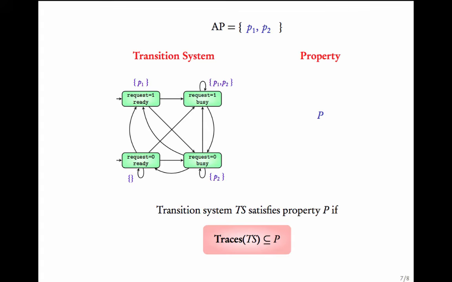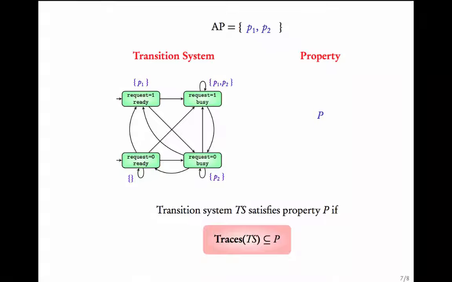Here is where we are. Given atomic propositions, we have this transition system, and then somehow we describe a property, and we say that the transition system satisfies the property if all its traces are contained in this set. Now the question is, how do we describe this set?